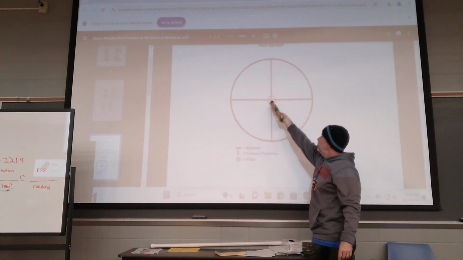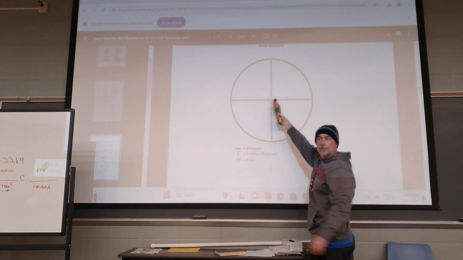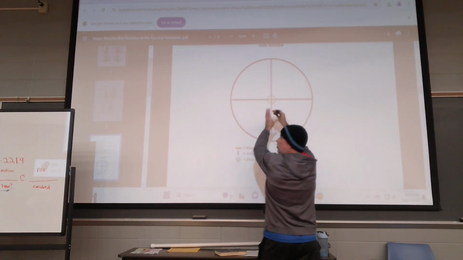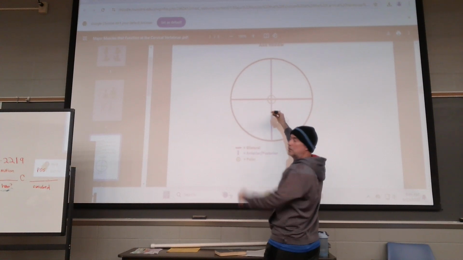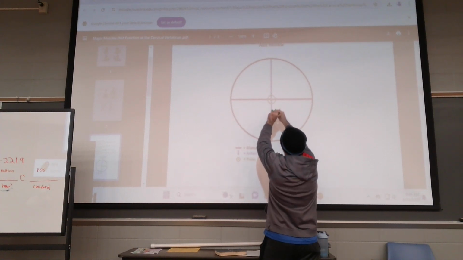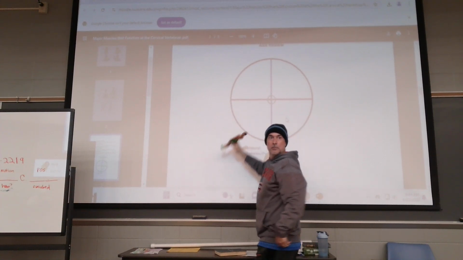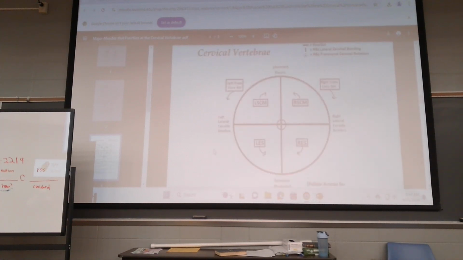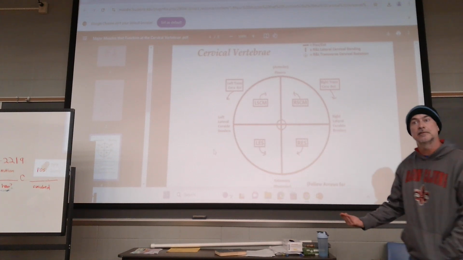And then we go to the green polar axis. If it's trying to spin the merry-go-round this way, it's a right transverse puller. And if it's trying to spin the merry-go-round that way, it's a left transverse. And then all it is is putting the muscles where they sit in that place.